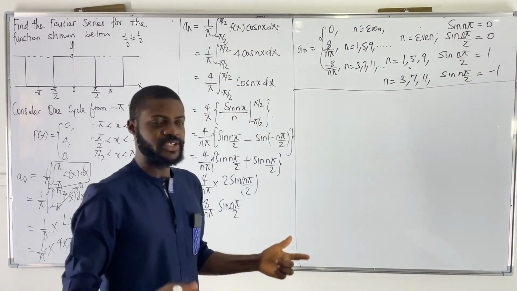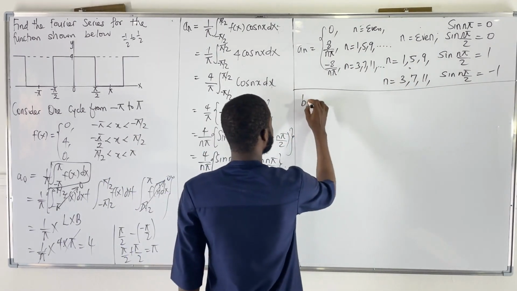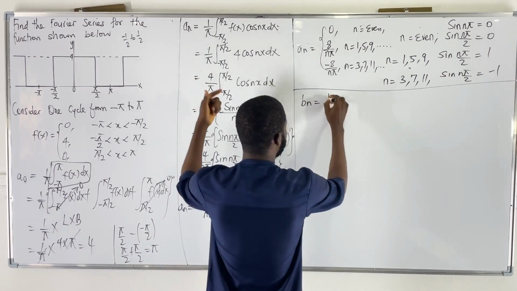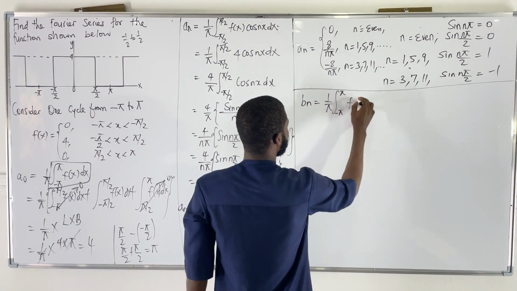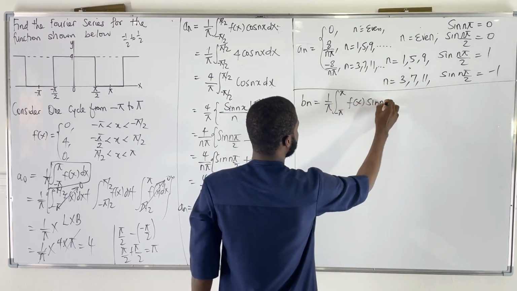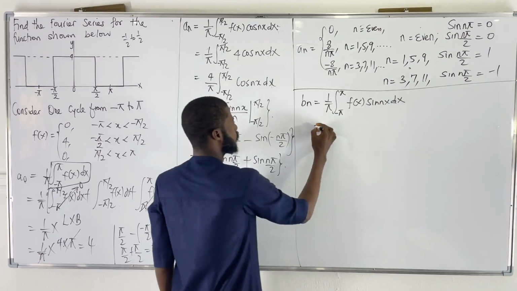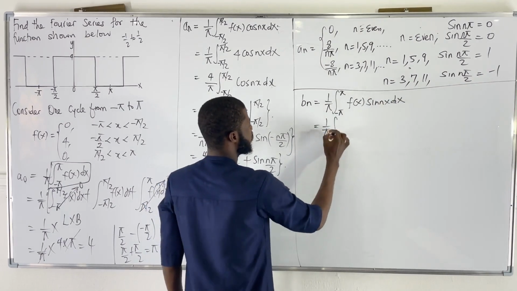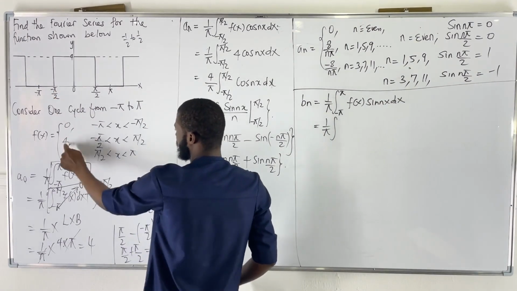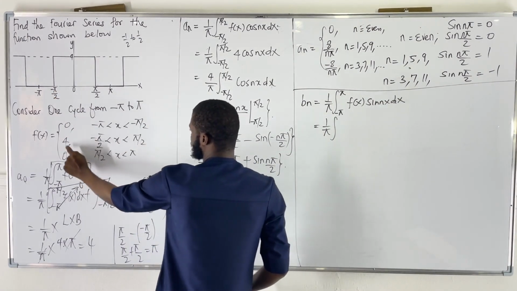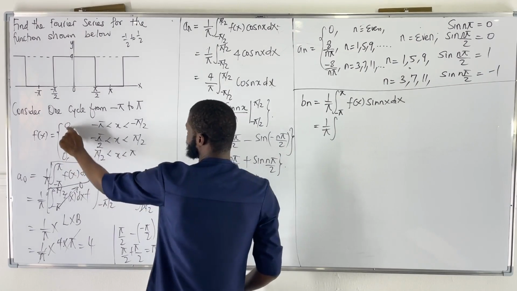Now let's find b sub n. So b sub n is 1 over pi integral from minus pi to pi of f of x sine nx dx. We know that the only useful part of this whole function is this one, because the other part is 0.